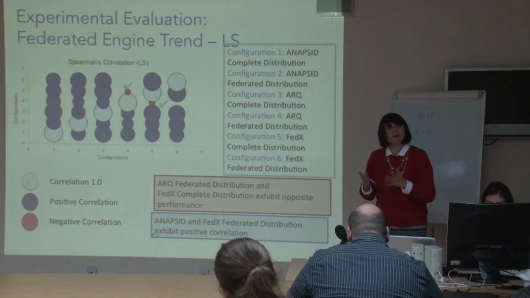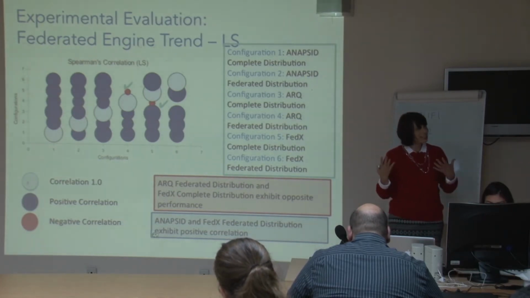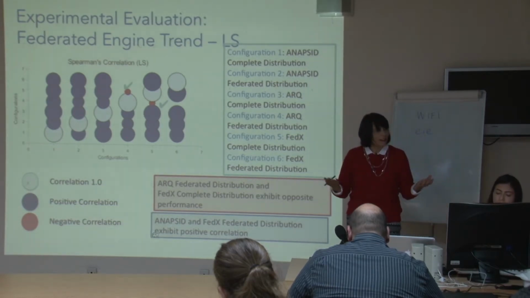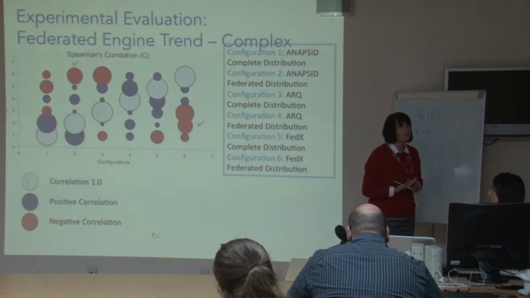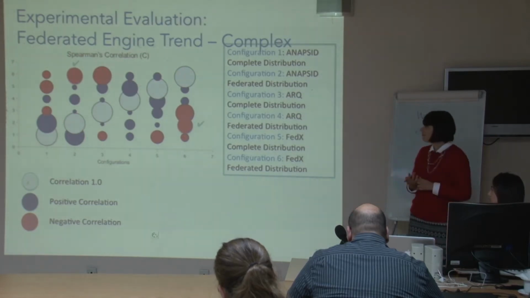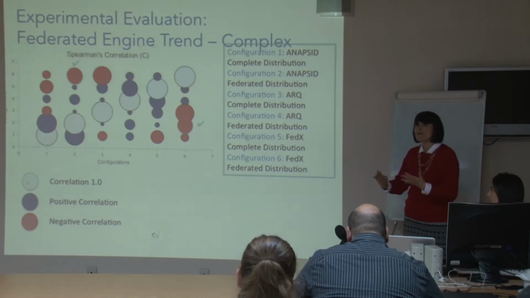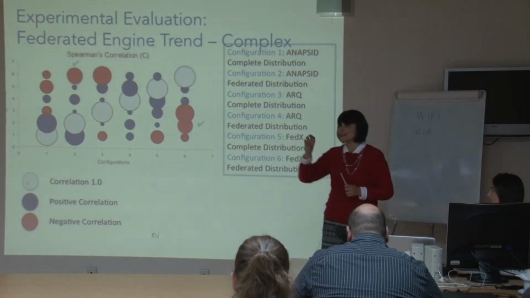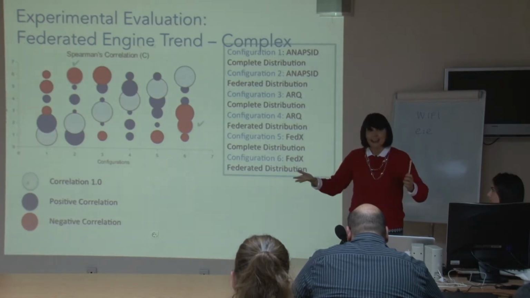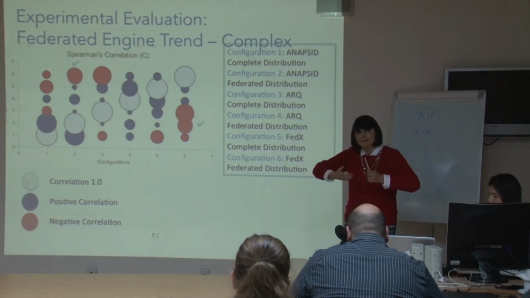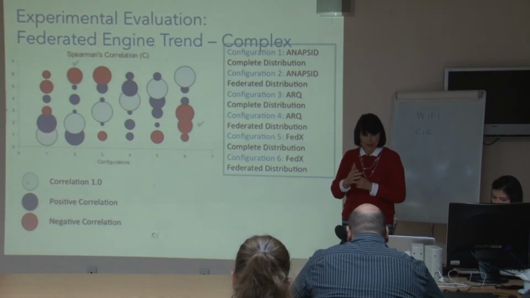So I would say, okay, when I compare FedEx and ASIP, they perform equally. But suppose I define more complex queries. When I define more complex queries, I'm able to uncover these red circles. And these red circles were hidden, but I have to, in some way, discover them.